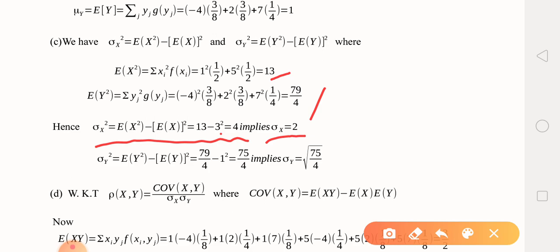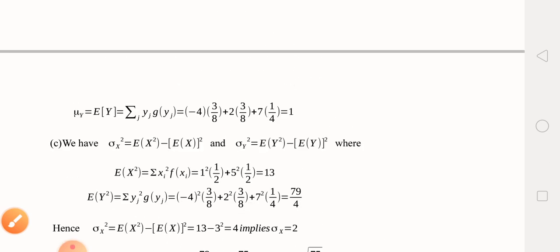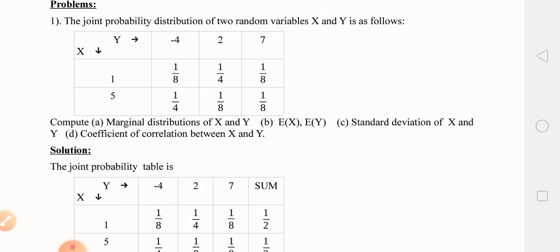Similarly, variance of y equals 79 by 4, which is expectation of y square, minus expectation of y, which is 1 square, giving 75 by 4. So standard deviation of y is equal to square root of 75 by 4. So we have calculated the standard deviations for x and y.